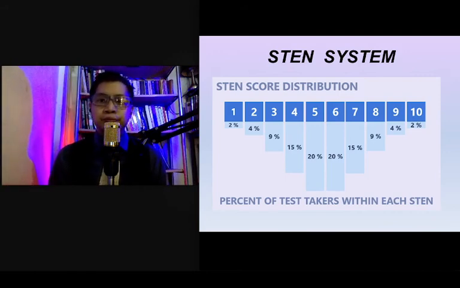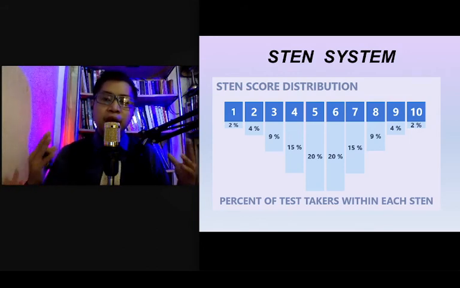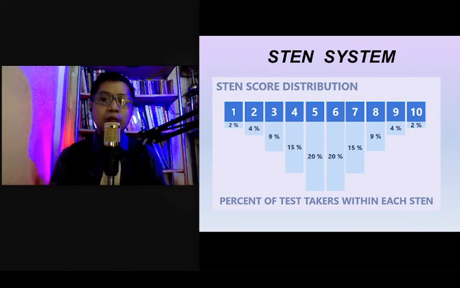Oo. So ganun ang logic ng STAN system. Pero again, no, nakakabit na naman yung STAN system sa normal curve. So meron na namang ibig sabihin yung score mo kapag STAN 1 ka or STAN 2 ka or STAN 3 ka, nakadepende na naman yan sa normal curve.